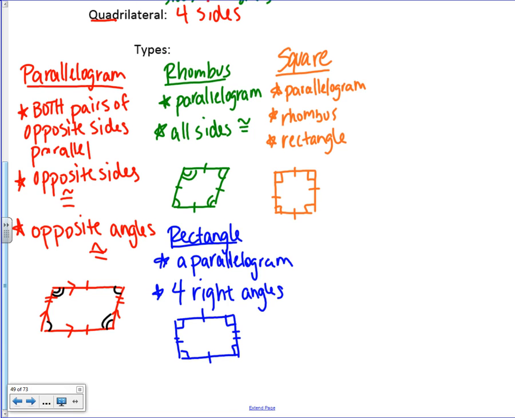And last but not least here, hopefully you got just a little bit more room, we have a trapezoid. A trapezoid is kind of in a category by itself because it only has 1 pair of parallel sides.